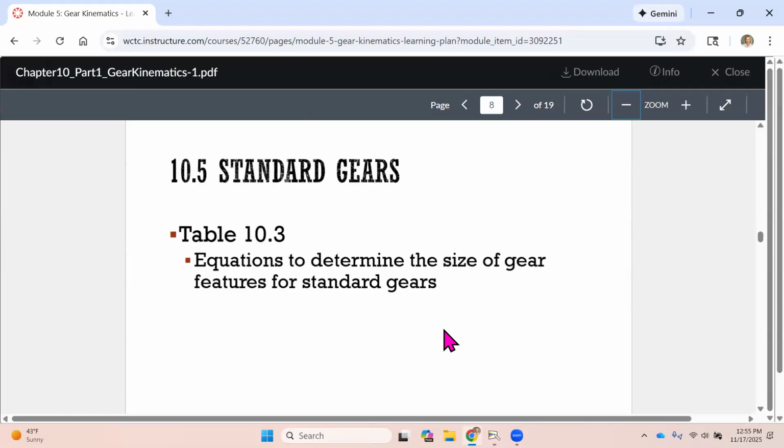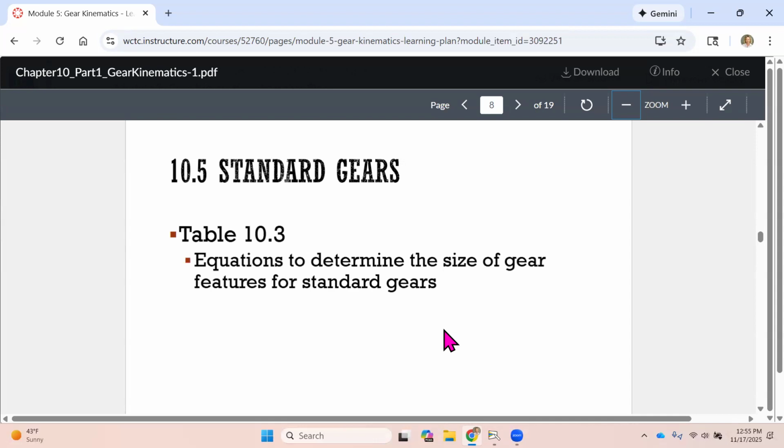Standard gears. As we said earlier, there are going to be common gear teeth sizes, their diametral pitch, from gear manufacturer to gear manufacturer.